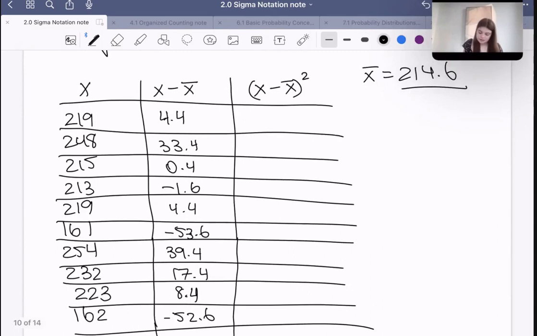Awesome. All right, now we're going to take all these numbers and we're going to square them. So 19.36, 1115.56.